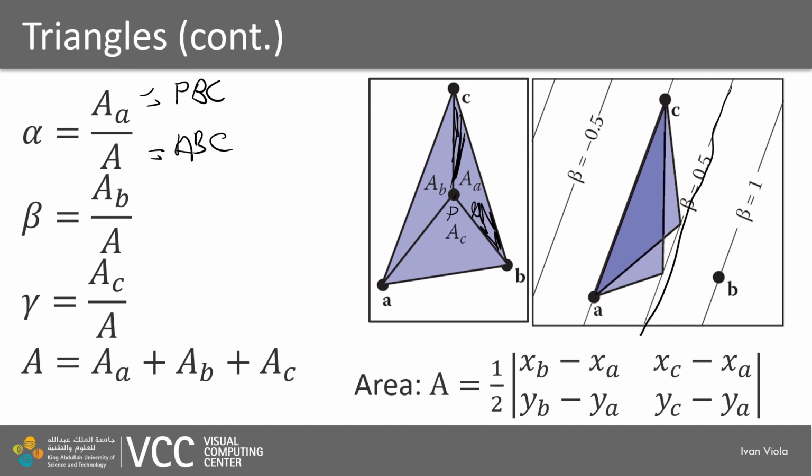But for the points along this line, at a certain distance from the line or line segment AC, the beta value will be the same as we defined it before. And this is achieved by the fact that the areas of the triangles will be the same as long as the tip of the triangle, the point P as I was calling it before, is on this line of beta equals 0.5. Their areas will be the same.